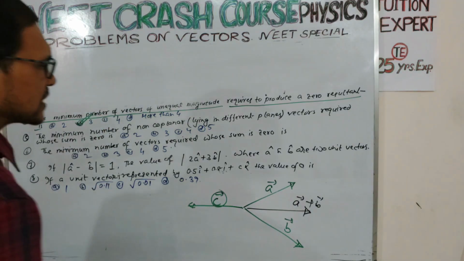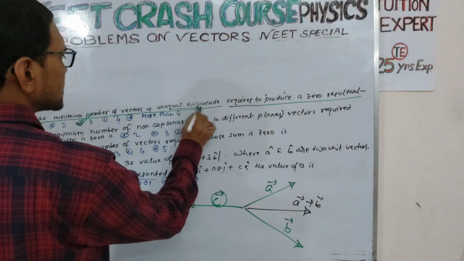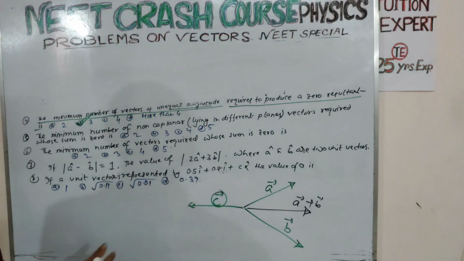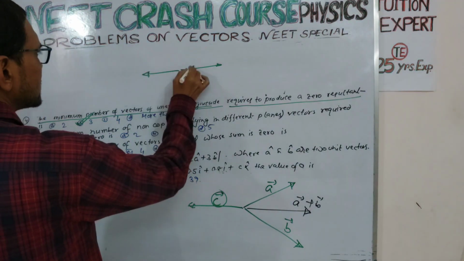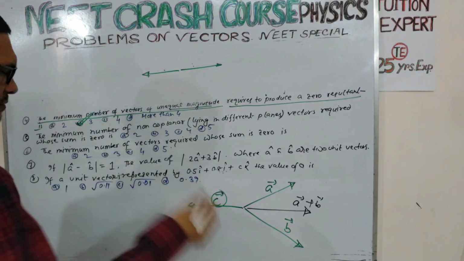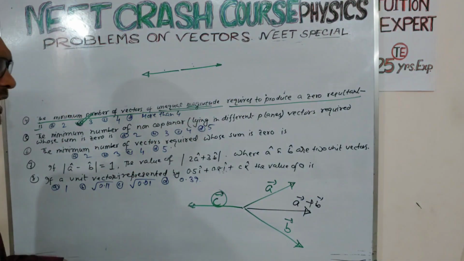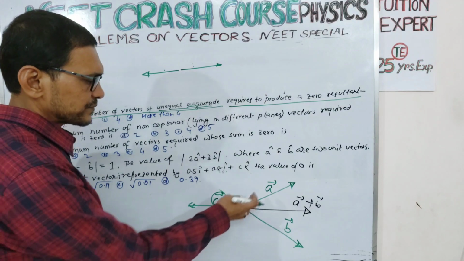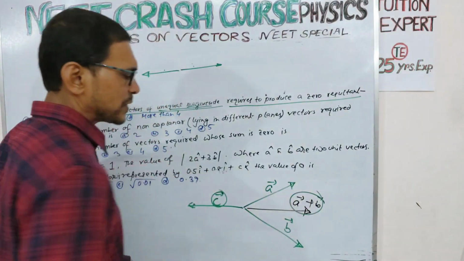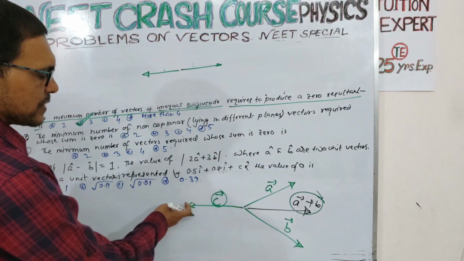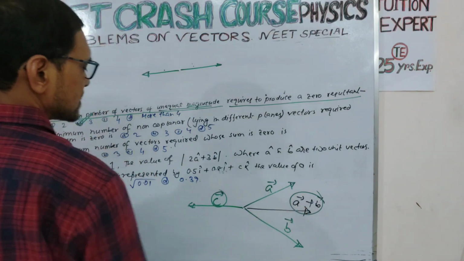Minimum number of vectors of unequal magnitude, if it is given that equal magnitude, then the answer will be 2, because equal magnitude 2 vectors cancel each other. If these and these are equal, then minimum number required is 2. But here given unequal magnitude means that we have the resultant A and B, suppose A plus B, then another vector C should be taken to neutralize this.